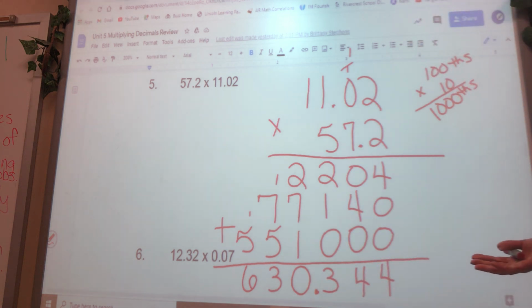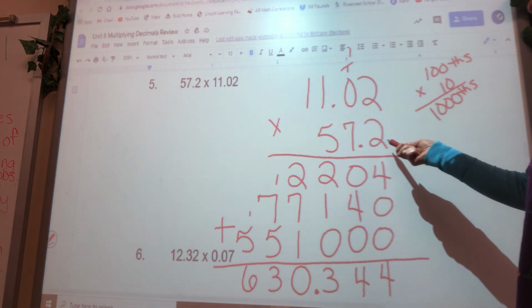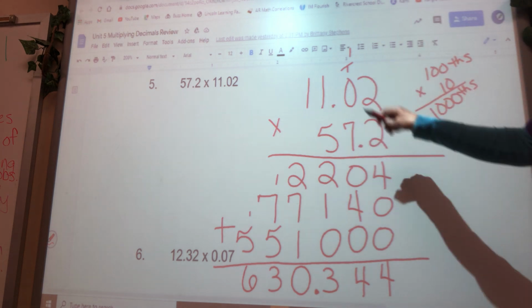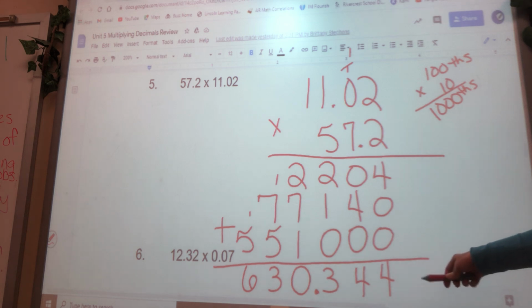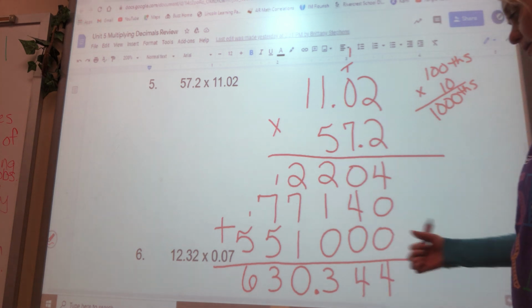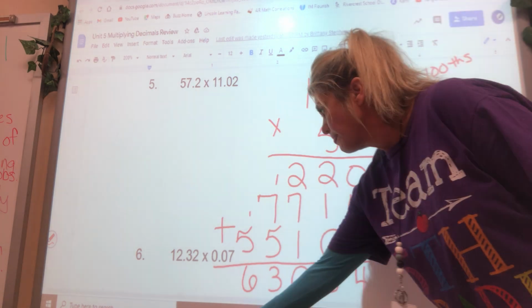And then we can double check ourselves. Yeah, we had 1, 2, 3 digits behind the decimal in the whole problem. So our answer, our product, would have 3 digits behind the decimal in the product. So we have 630 and 344 thousandths.